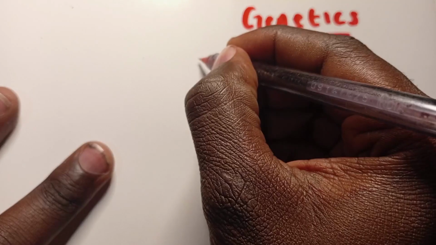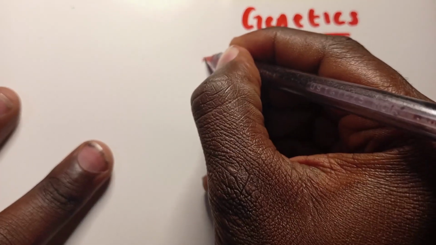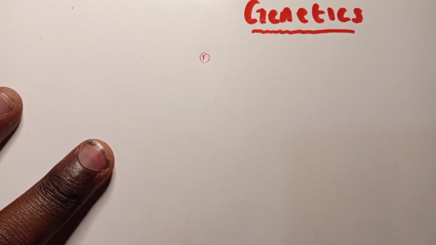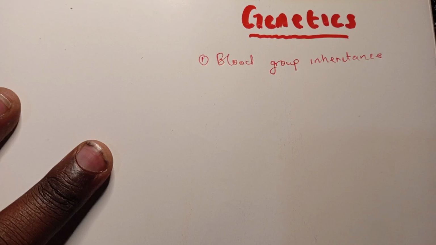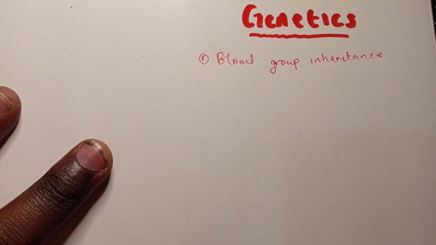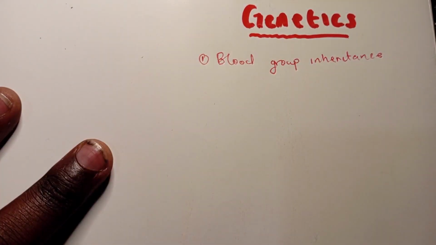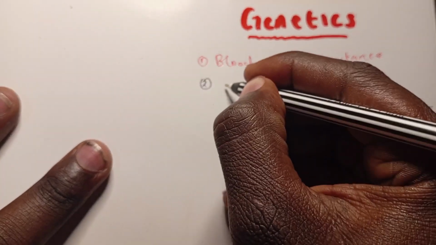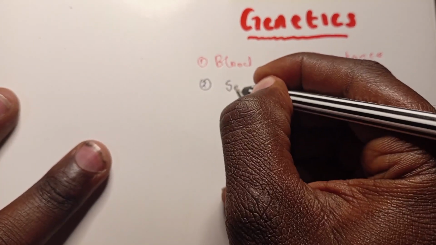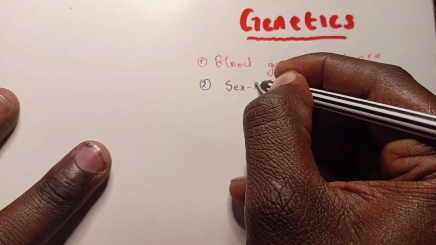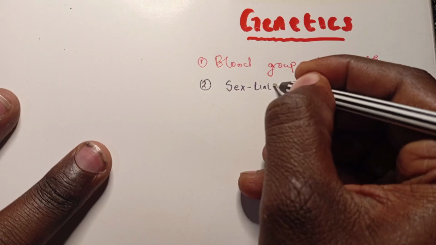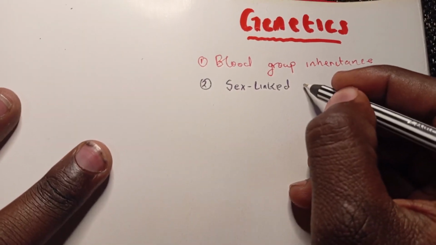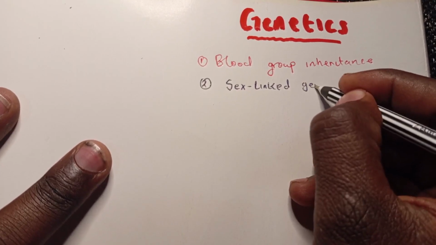So in this video, we'll be looking at only two things that are of importance. One of them is the blood group inheritance, and the other thing will be sex-linked genes, or inheritance.